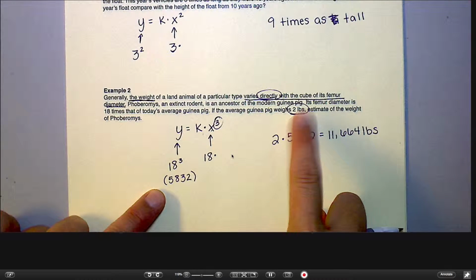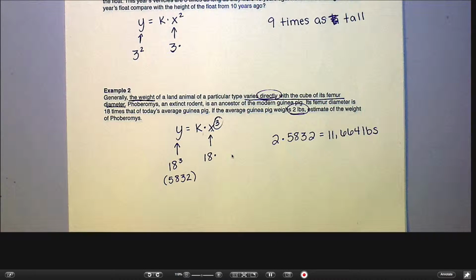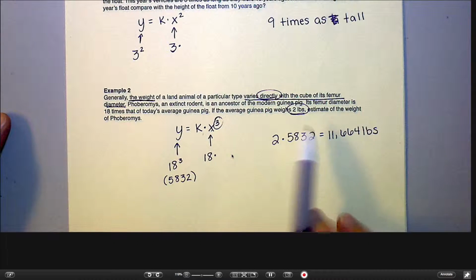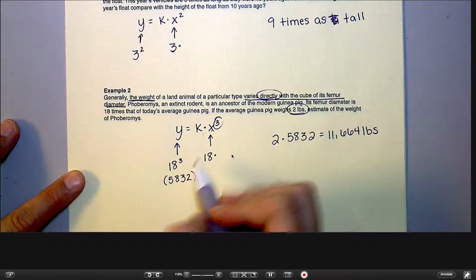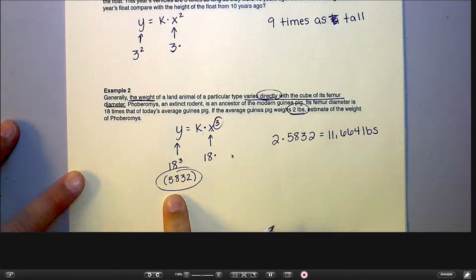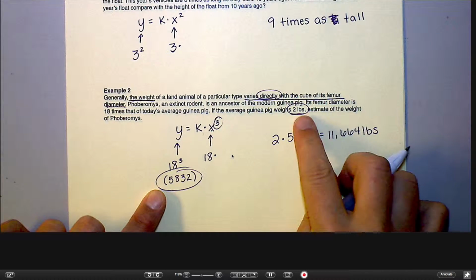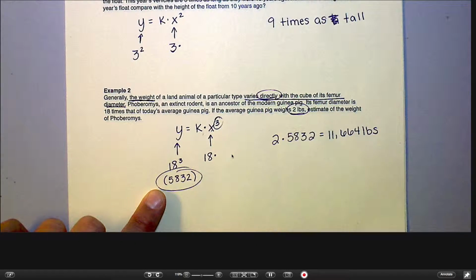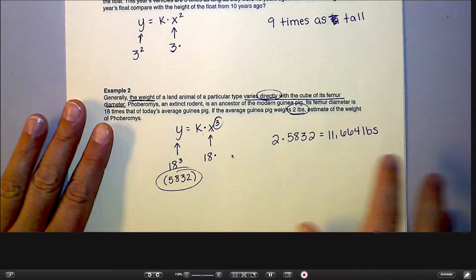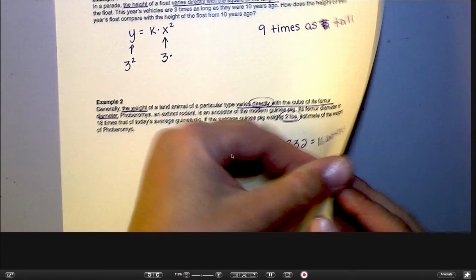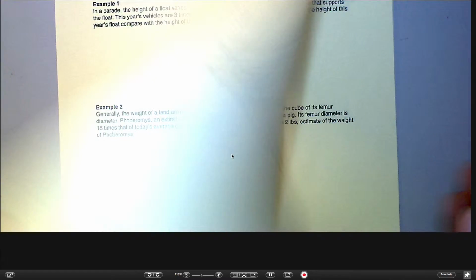All right, so a 2 pound, now I don't know what the femur length of a guinea pig is, or femur diameter, but I do know that the weight is 2 pounds, and I know that this is how the weight would compare with an average guinea pig, so that's why I multiplied it. Good? Okay. Let's try some of these on the back.